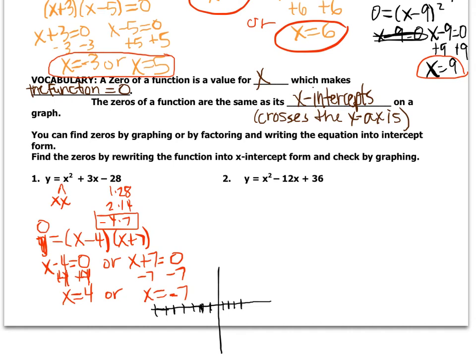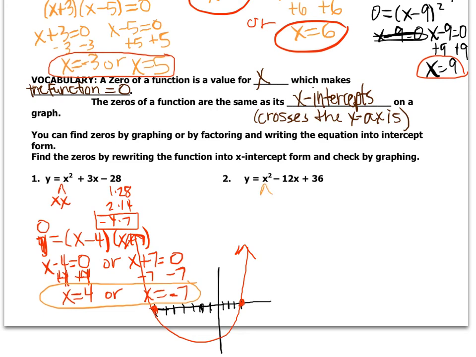If I were to graph these, my x-intercepts would be at positive 4, which is right here, or negative 7, which is right here. And since my x squared is a positive number, I know my graph opens up. It should look something like this. And you could get a little bit more accurate graphs, but that's really what those roots tell us. So here are my two solutions, or my 2 roots, or my 2 zeros, and on the graph they would go right there.